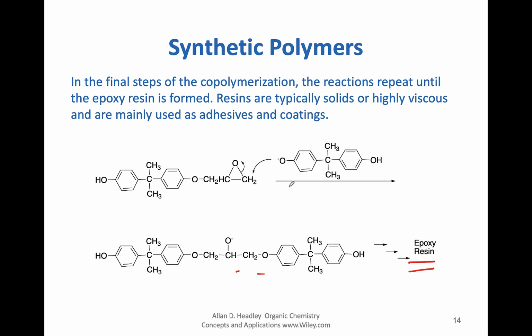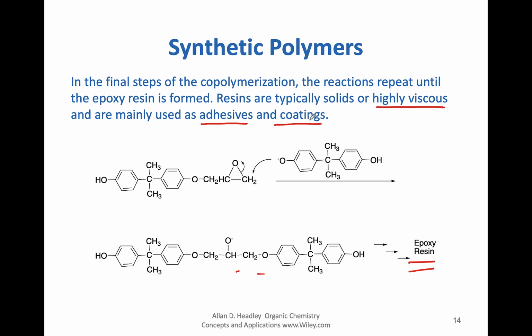So this is an example of a copolymer, the polymerization of two different monomers to form a very important type of polymer called a resin. And of course, as you can see here, it's highly viscous and mainly used as adhesive and coatings for different surfaces.